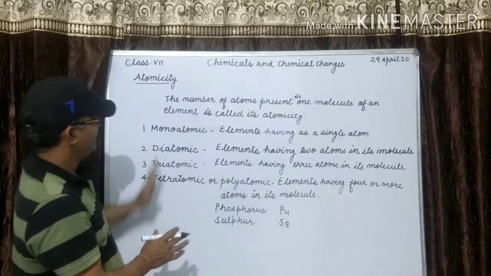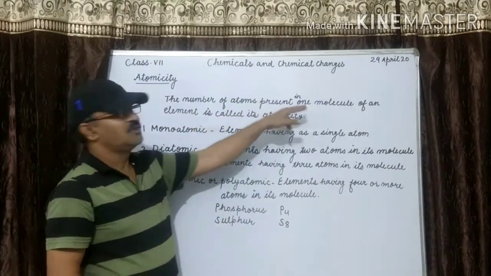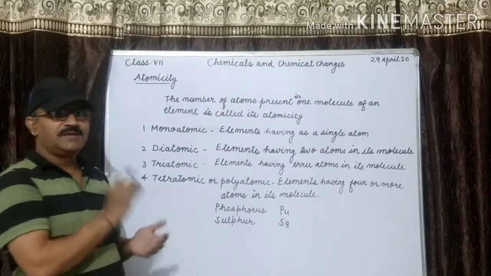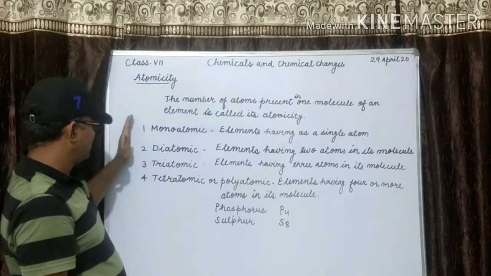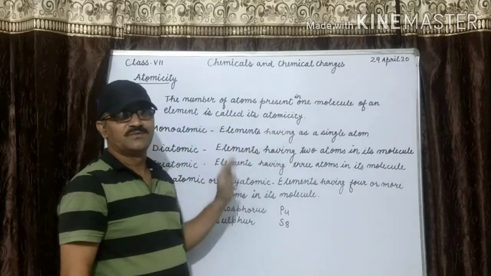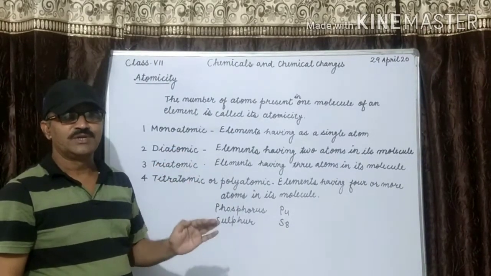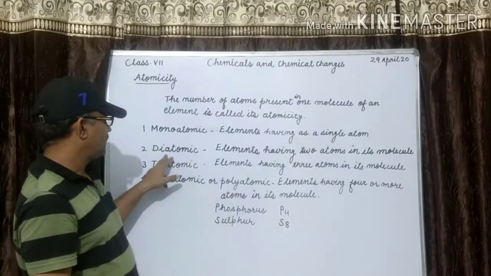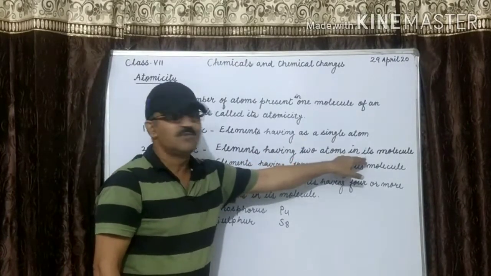Is it clear? What is atomicity? The number of atoms present in one molecule of an element is called its atomicity. Elements can be classified on the basis of atomicity. There are 4 types. One is monoatomic, elements having a single atom. For example, helium, sodium, iron, neon. Diatomic, elements having 2 atoms in their molecules.